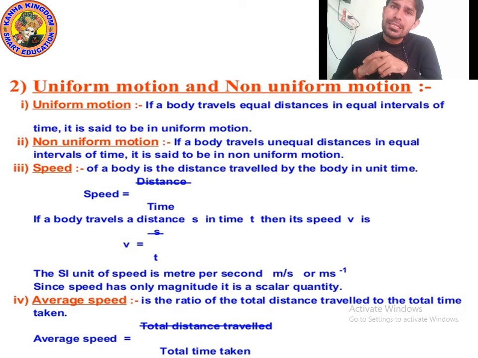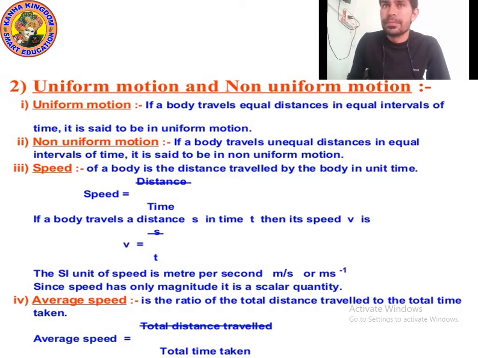When the speed is not the same, we can write the word velocity in its place. So in uniform motion speed is the same, in non-uniform motion speed is not the same.